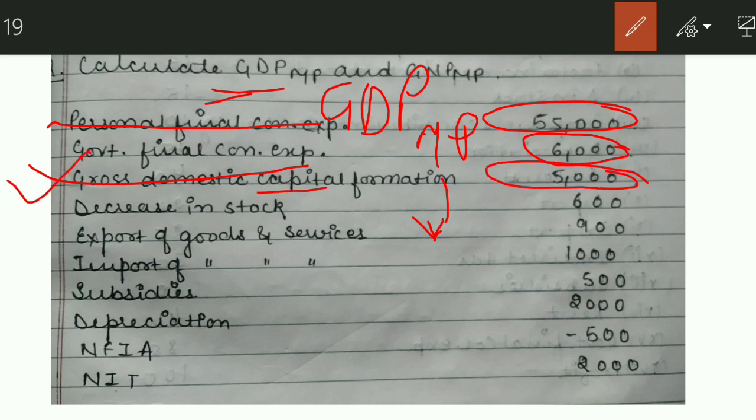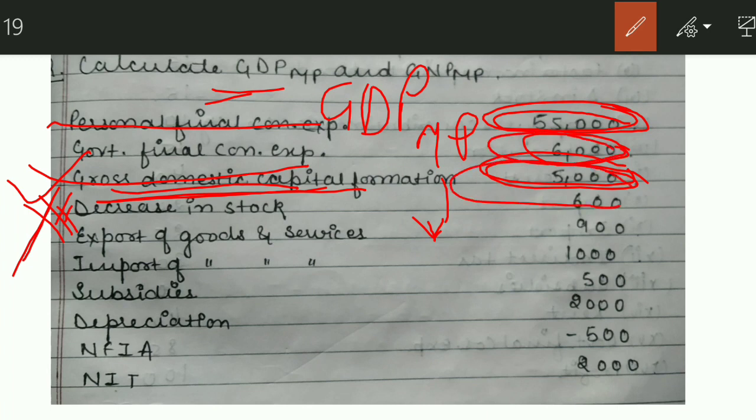See, it is gross domestic capital formation, not gross fixed domestic capital formation. Since it is gross domestic capital formation, it already includes stocks in it. So we will not make the mistake of including stocks, because gross domestic capital formation is gross fixed domestic capital formation plus change in stock. So GDP at market price will be private final consumption expenditure plus government final consumption expenditure plus gross domestic capital formation plus net exports.